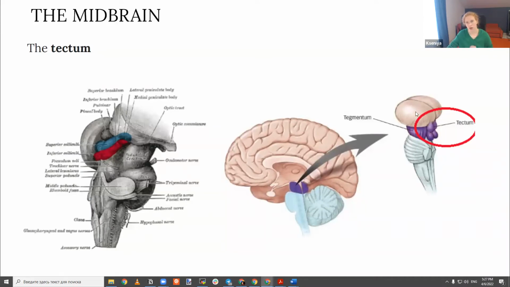When they see something like a fly, they just do some motor actions toward it, and humans have the same part in the brain. So the tectum is some kind of ancient vision part of the brain, and the lower part is connected with auditory signals.